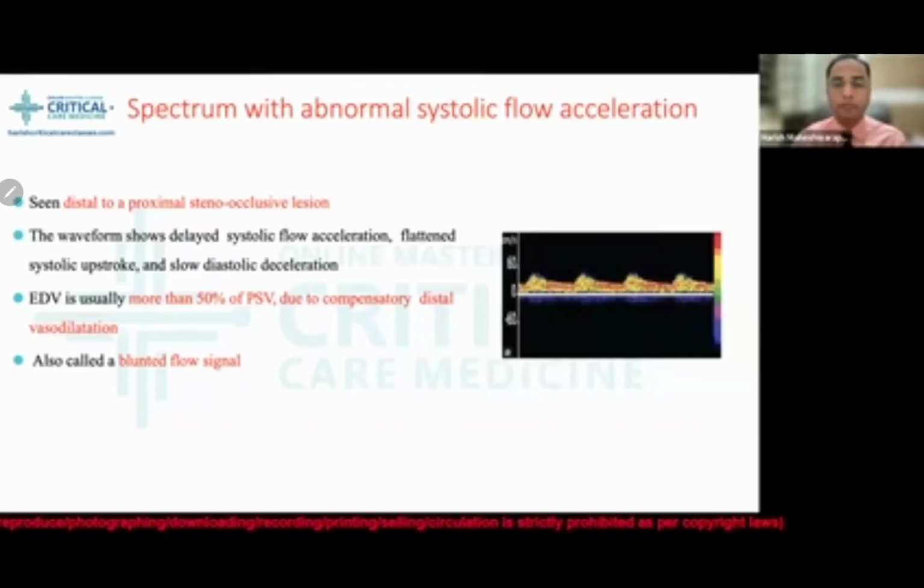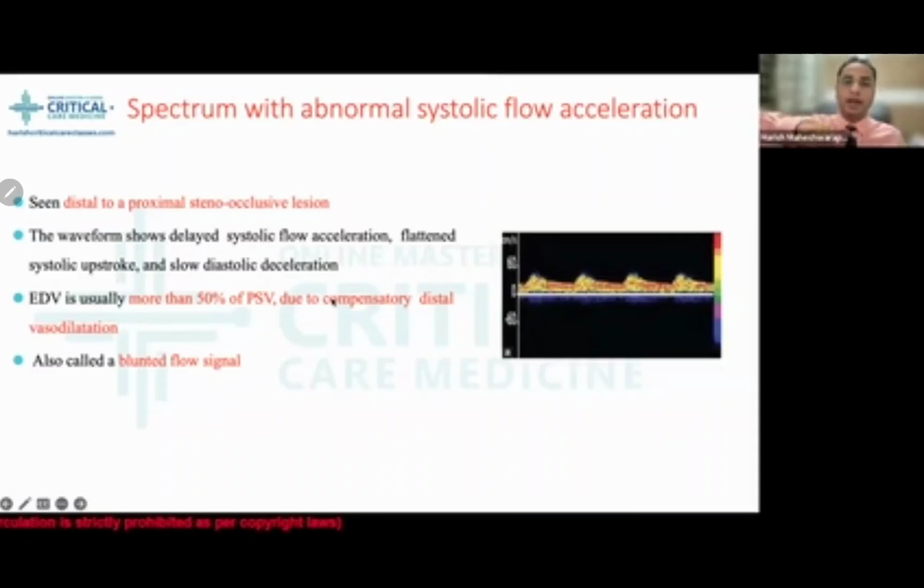So, the spectrum with abnormal systolic flow acceleration. See, I told you, there should be a rapid upstroke of the systole and a diastole in a stepwise manner on the positive side of the waveform. But when we have an abnormal systolic flow acceleration, this looks abnormal, it doesn't look like a rapid upstroke here. It is seen distal to a proximal steno-occlusive lesion.